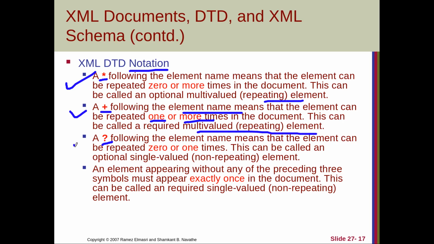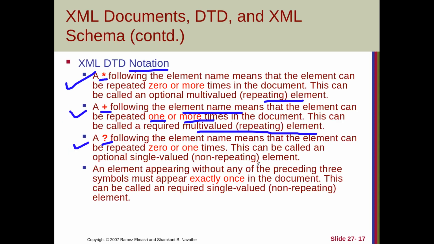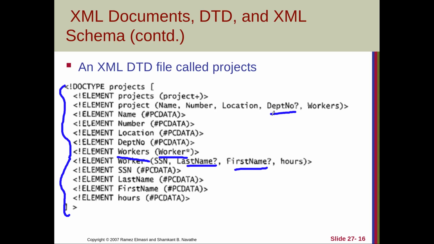Now the third symbol that we have seen in the previous example is the question mark, like department number question mark, last name question mark, first name question mark, etc. So what is the meaning of this? A question mark following the element name means that the element can be repeated 0 or 1 times. So for example, department number, we can have 0 department number or only 1 department number.